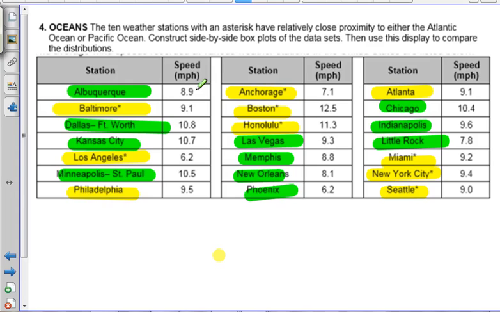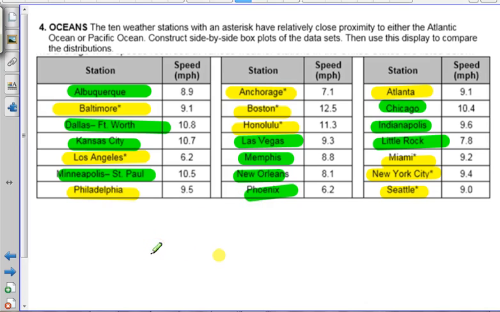We're going to put 8.9, 10.8, 10.7, 10.5, 9.3, 8.8, 8.1, 6.2, 10.4, 9.6, and 7.8. They claim that those are the ones not near an ocean. Okay?